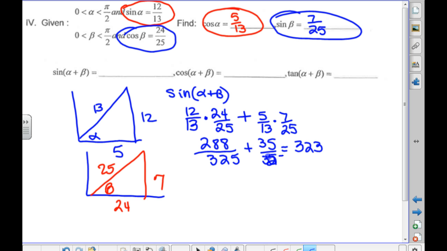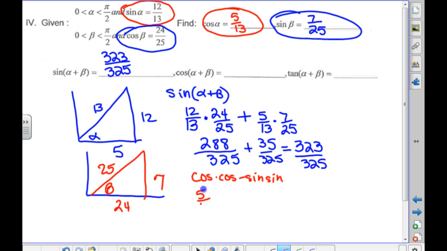Whoa, I don't know what happened to that denominator right there. Okay, can you work on cosine? Cosine is the one I like because it goes cosine, cosine, minus sine, sine, right? So those numbers are 5/13 and 24/25.